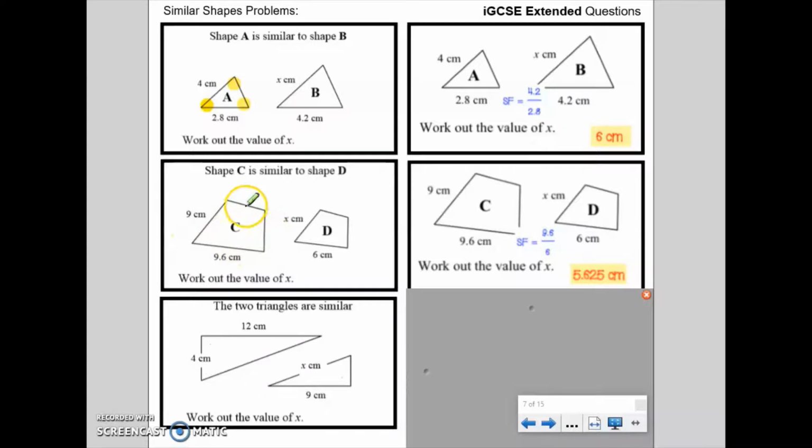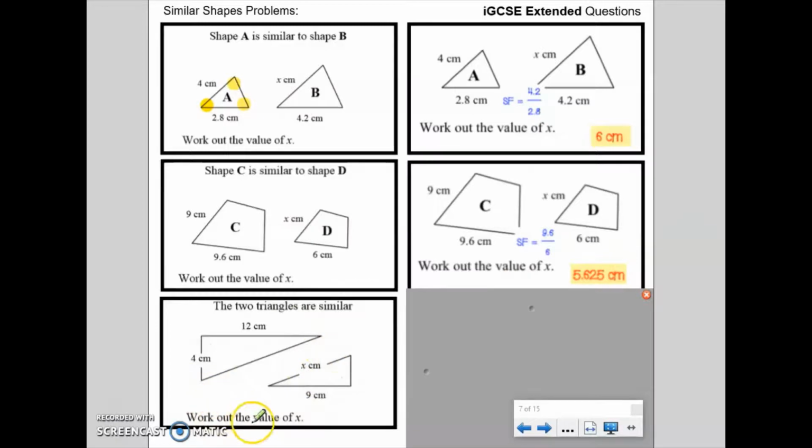So even though this is on the left-hand side of the screen now, this is my larger shape. And I look at this length of 9, I'm going to divide by 1.6 to get my value of x. So I'm taking 9, dividing by my scale factor to get my value of x, which will be 5.625 centimeters. Very well done if you work that out correctly.